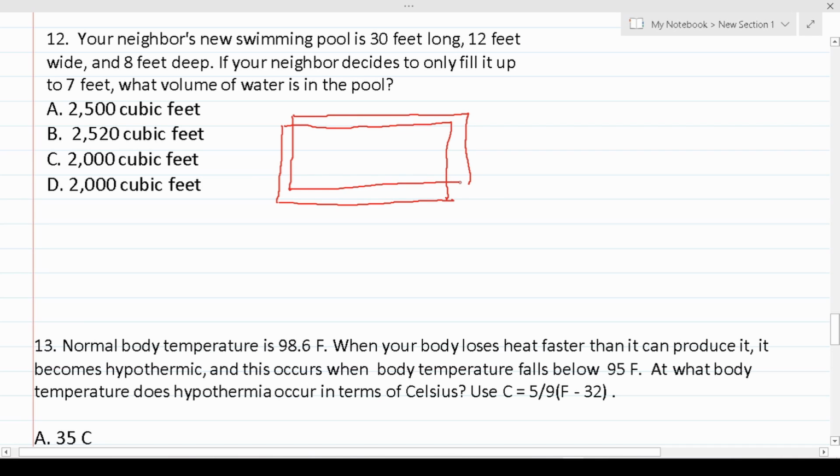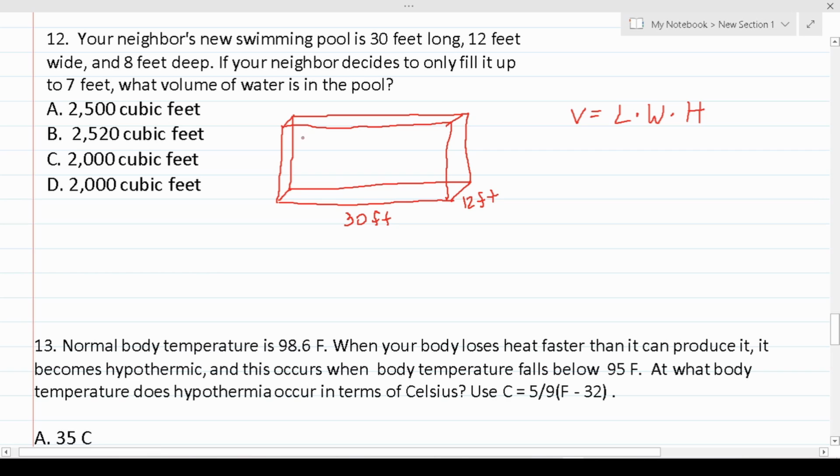To find the volume of a rectangular prism, use the formula length times width times height. In this case, we know the length of the pool is 30 feet. It's 12 feet wide.